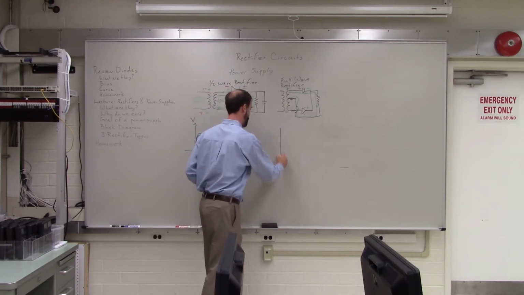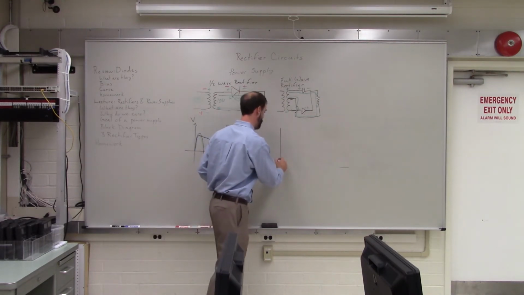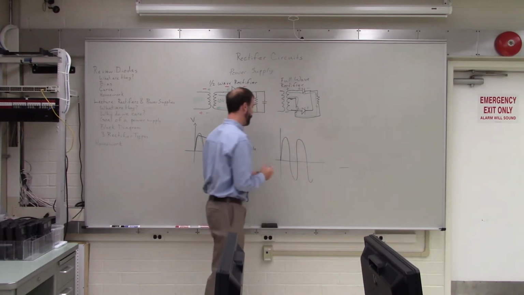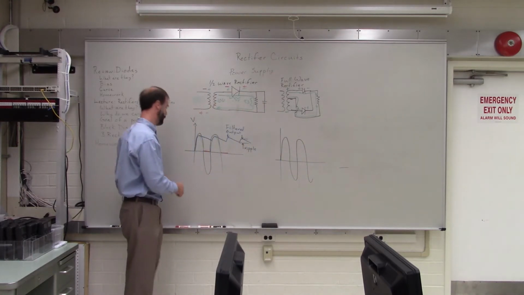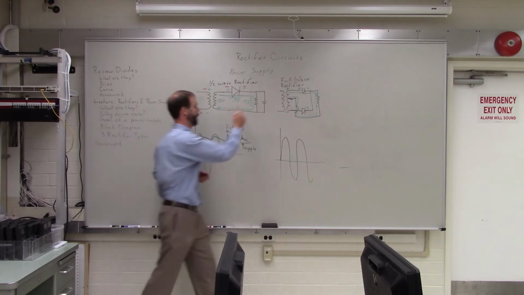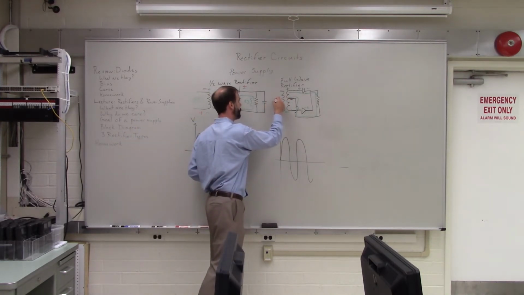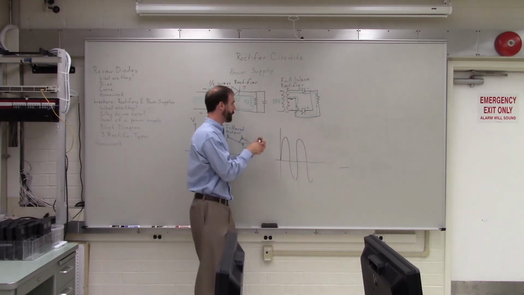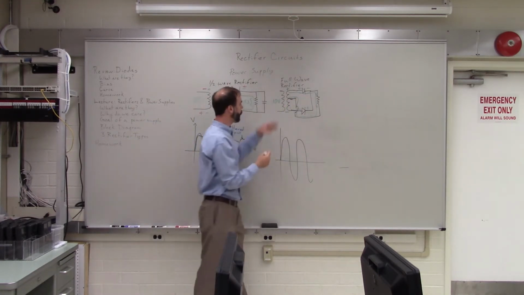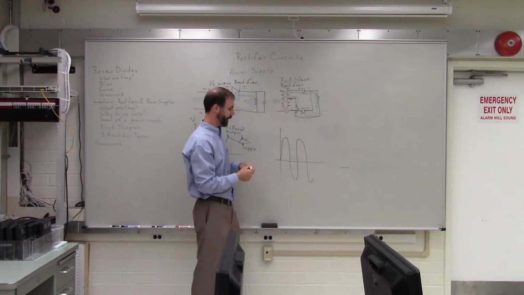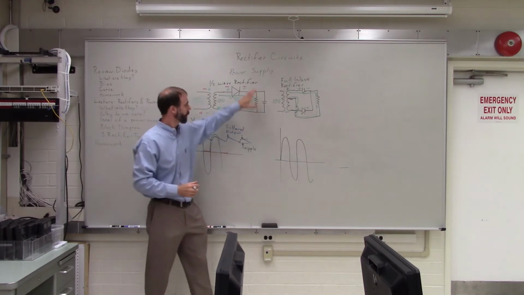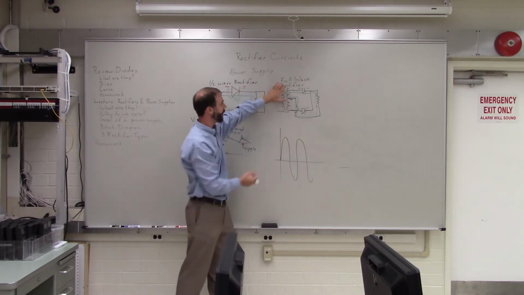So if we look at our input wave again, let's say we had 10 volts at the input again. Now in this case, we've got a single diode drop again, but we're using this center tap transformer. So the center tap transformer takes the whole 10 volts and it divides it in half.